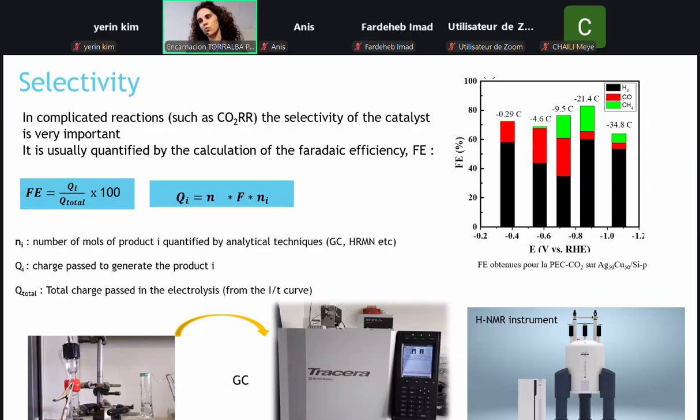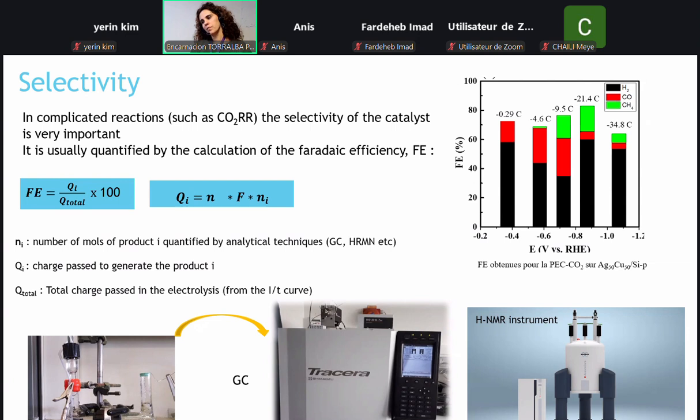Normally, to quantify the selectivity, we use the Faraday efficiency that we were talking about a little bit the last day. So Faraday efficiency, when I do my experiment, for example, this is my electrochemical cell.